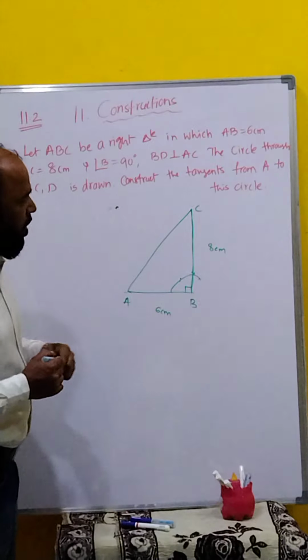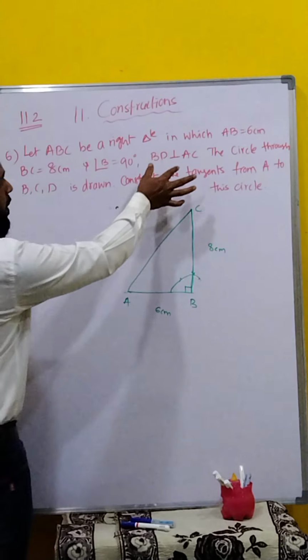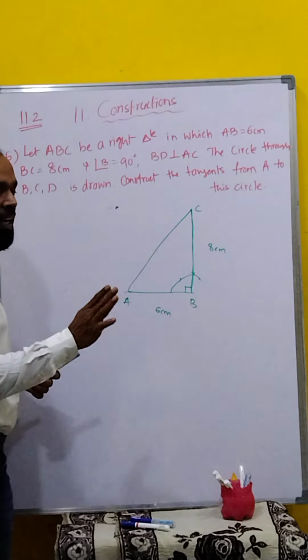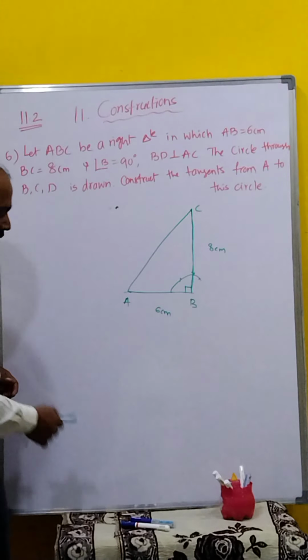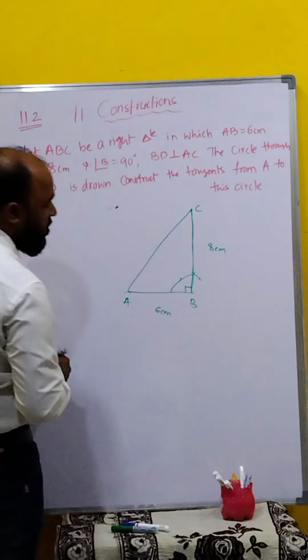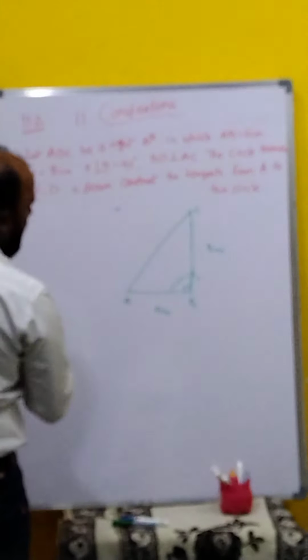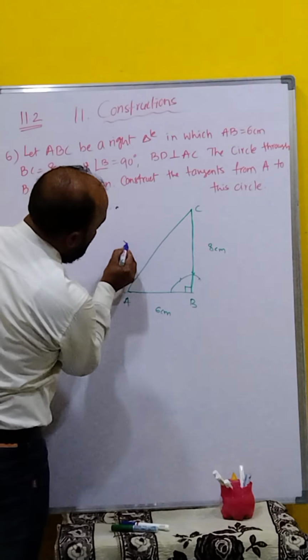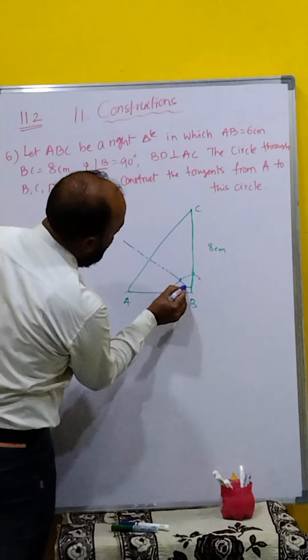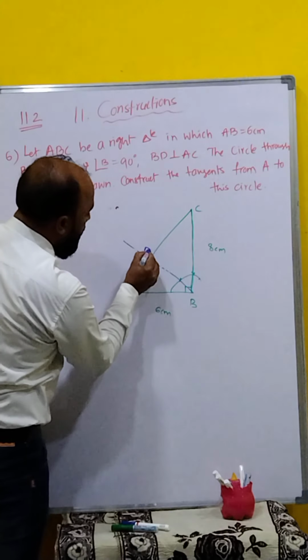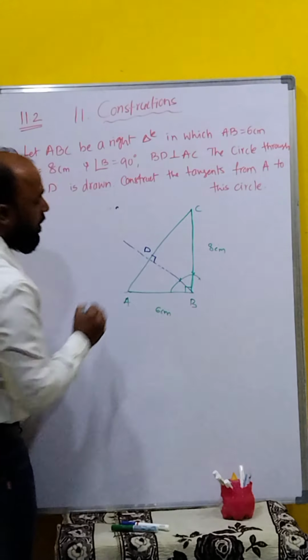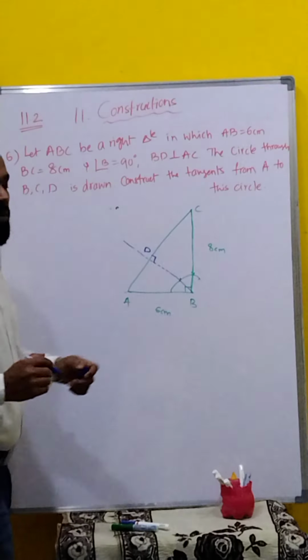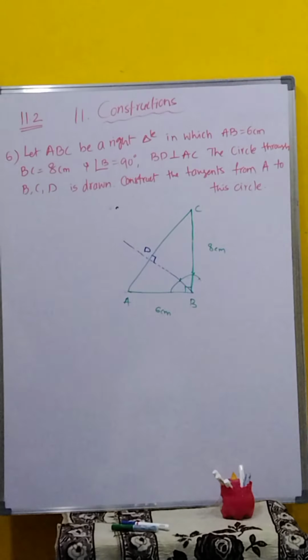Now the next step is BD perpendicular to AC. That we have to draw. Clear, children? From here to here, how many degrees? 90 degrees. This is D. Here BD is perpendicular to AC, that is given already.